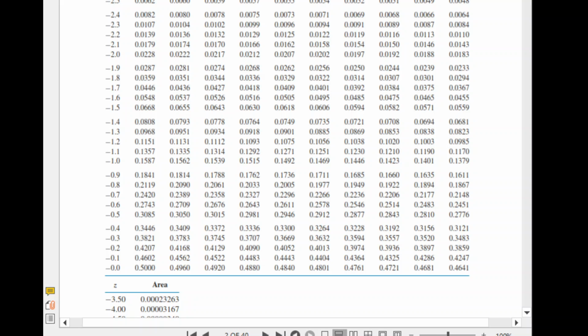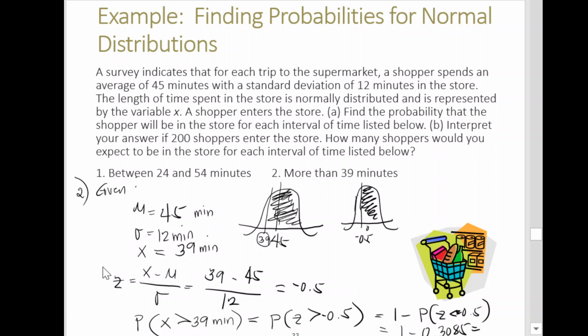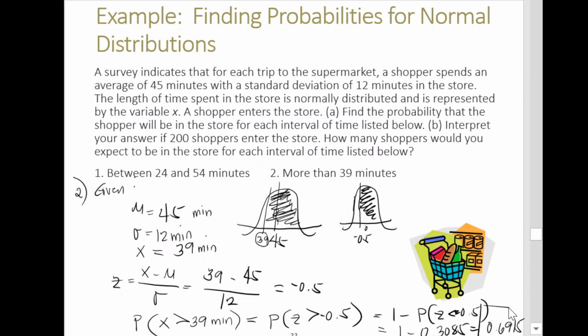So, 1 minus 0.3085. 1 minus 0.3085 equals 0.6915. So, this is your probability. Okay? So, yan yung sagot niyo for A.